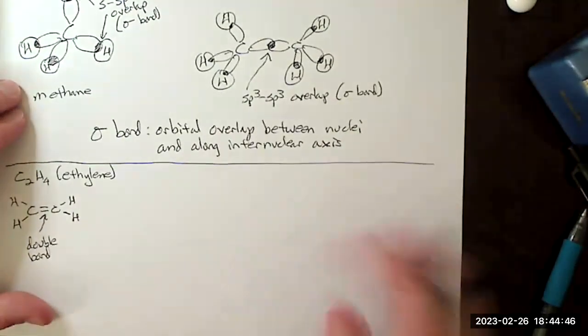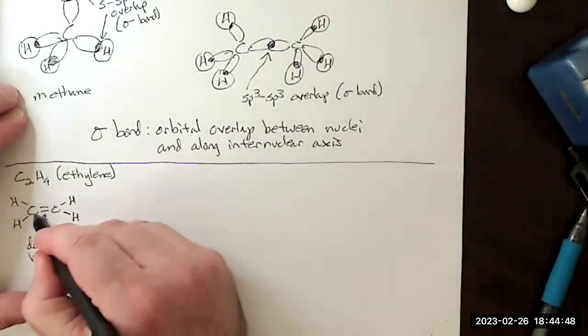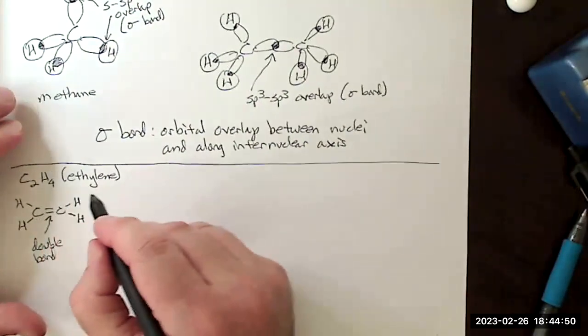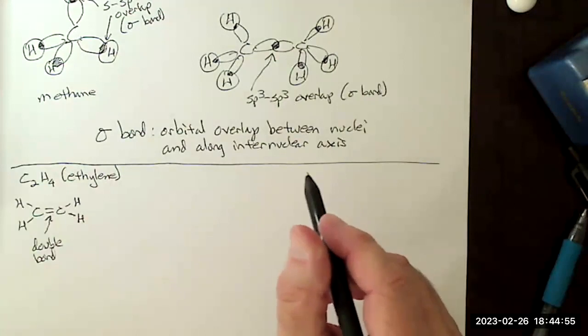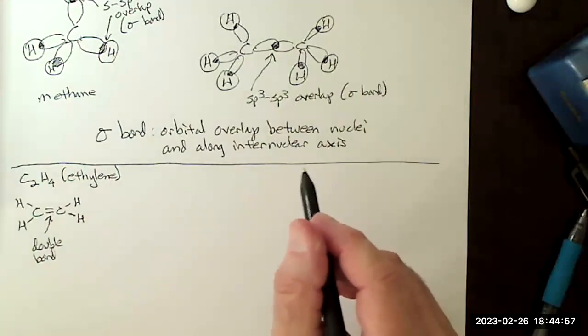Now, in this case, we are going to have three things attached to each carbon. And when we have three things attached, we're going to get sp2 hybridization. I will post a guide to drawing Lewis structures, which we'll talk about in a couple of lectures.